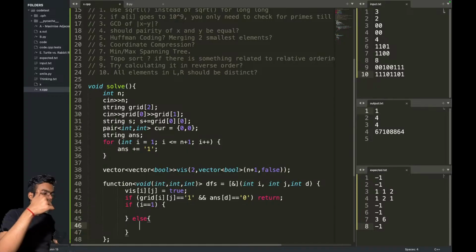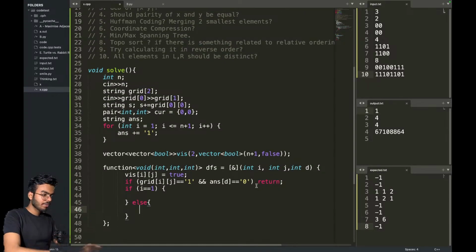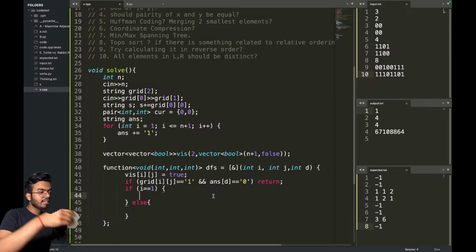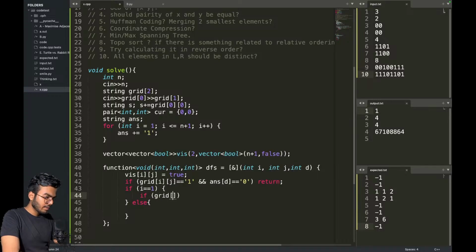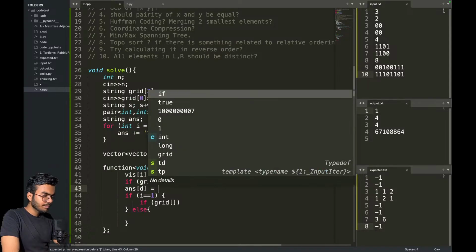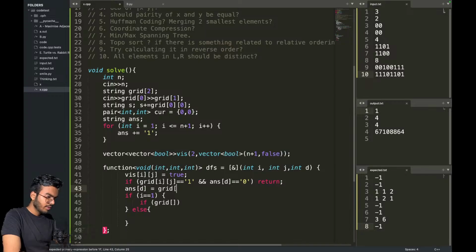Else I can go both right and down. So let's try to go downwards. Let's try to go rightwards. And if grid, otherwise I should say answer of d equals not grid, let's set it to 0 only.